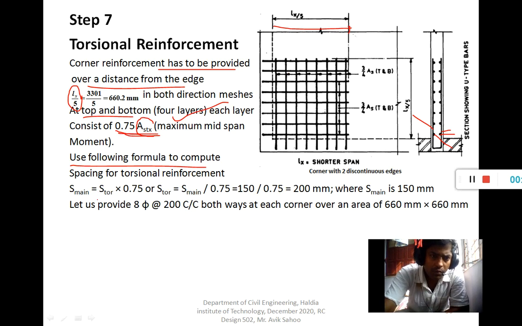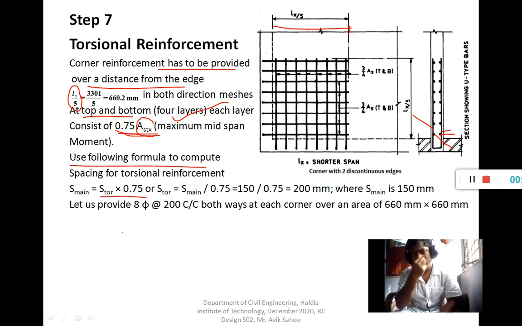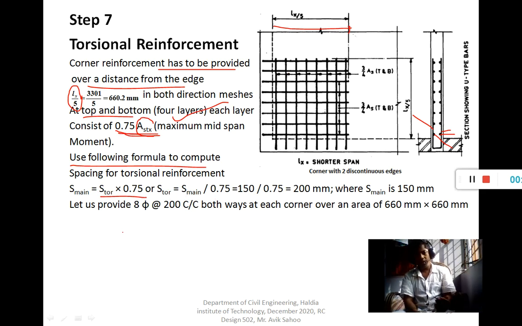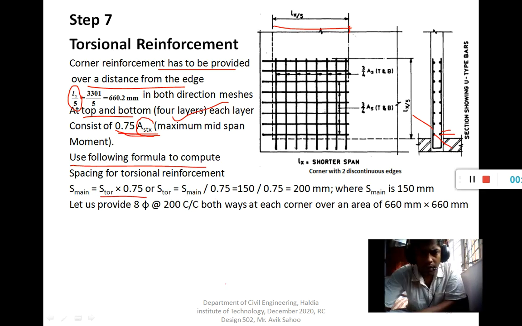So S main is equal to S star into 0.75, or S star, this torsional spacing, is equal to S main by 0.75. Just simply, because for torsional steel 0.75 Ast is used, the spacing also accordingly increases.